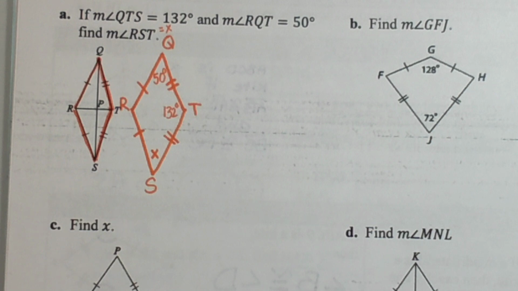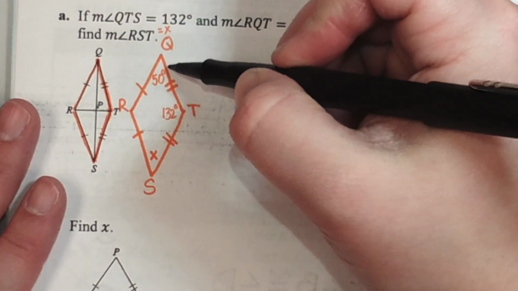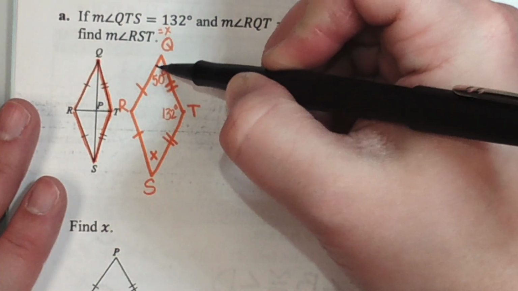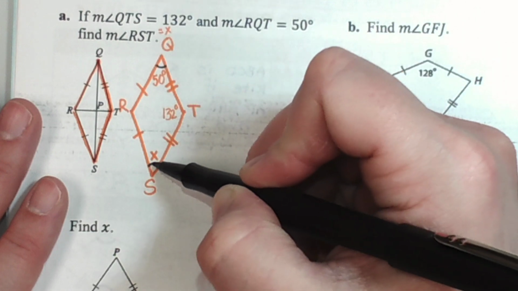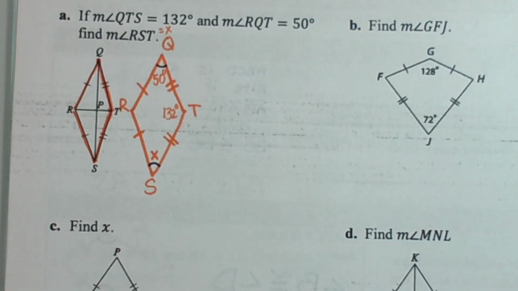Q and S. Q, that side's not congruent to that side, that angle. S, that side's not congruent to that side, so that angle. Those two are congruent. If they are congruent, that means they are equal.